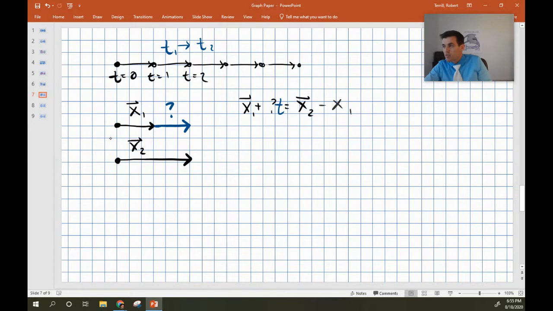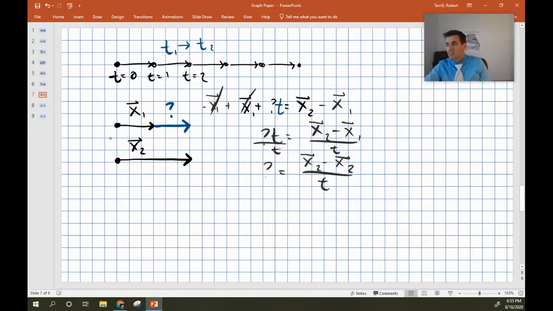It cancels there, ends up there, and then we get something times t equals x2 minus x1, those two vectors. Then if we divide both sides by t, we get something equal to x2 minus x1 over time.